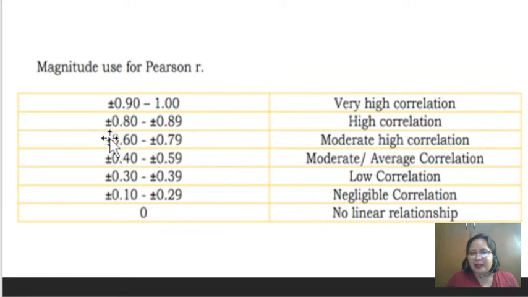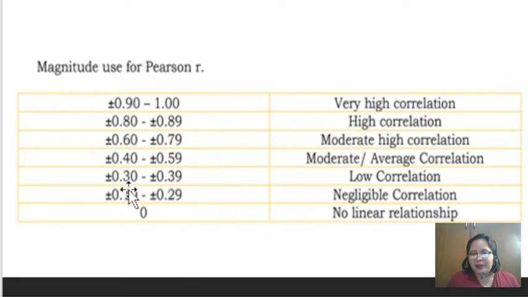If it is positive or negative 0.80 to 0.89, there is a high correlation. If it is 0.60 to 0.79, moderately high correlation. If it is 0.40 to plus or minus 0.59, it is a moderate or average correlation.